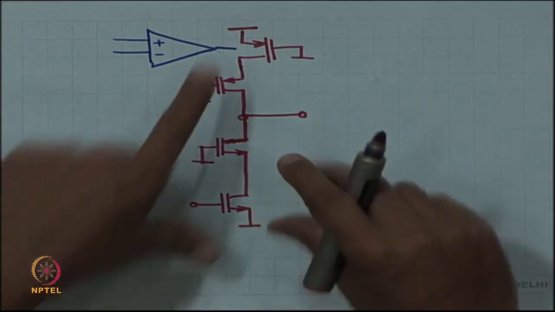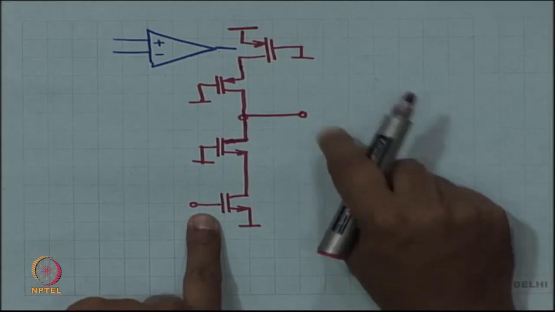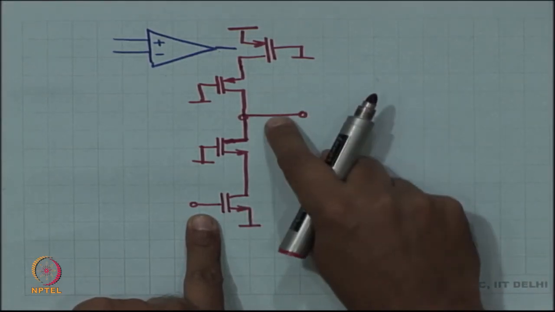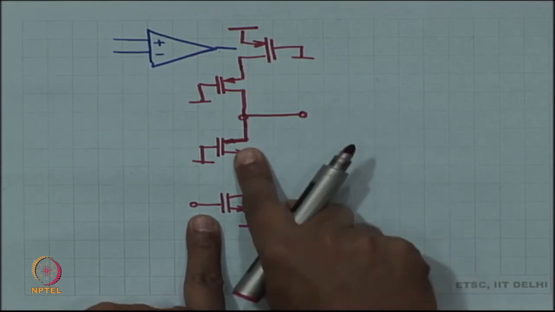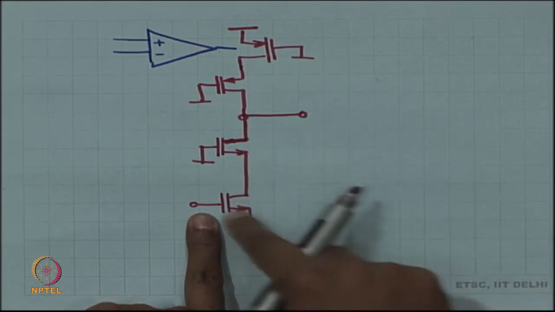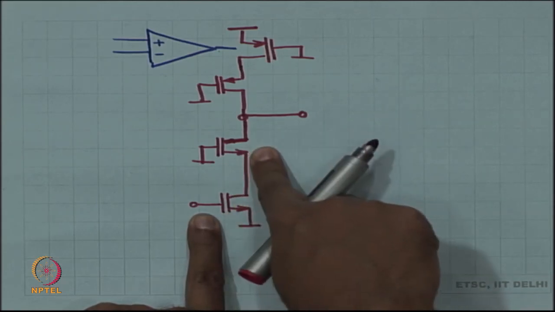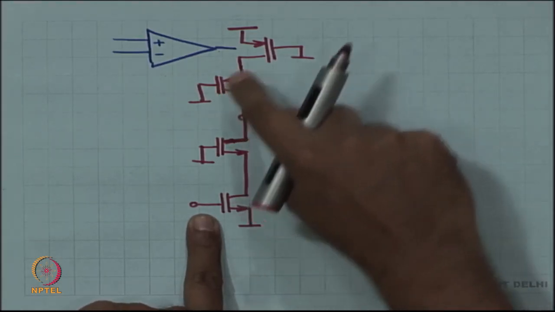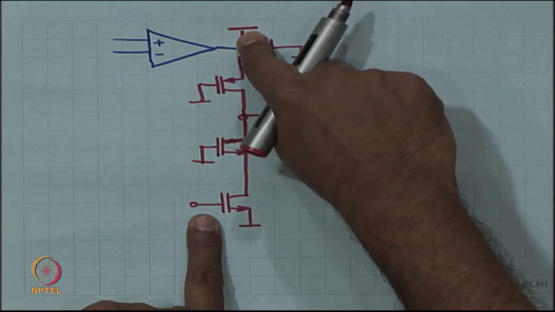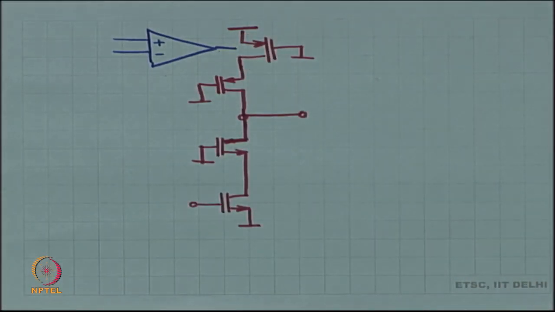Now, what is the benefit? The benefit is that the output impedance is very large. Output impedance over here is the output impedance looking down, which is intrinsic gain of this MOSFET times RDS of the lower one plus RDS of the top one, in parallel with intrinsic gain of this MOSFET times RDS of the topmost one plus RDS of the lower one. So, this is a large output impedance.